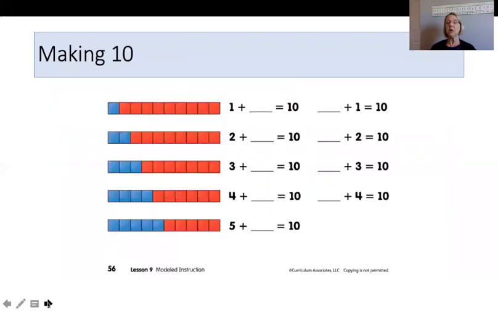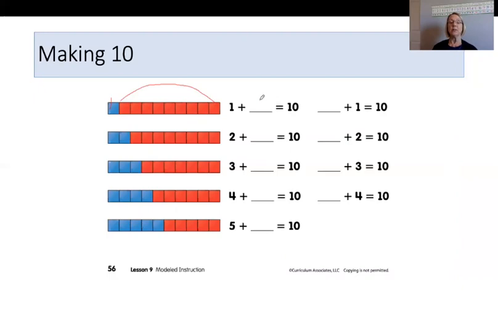All right, the next strategy we're going to talk about is making a 10. And so we know that there are ways to make a 10. We can look at this and see that there is one blue square and there is 9 red squares.